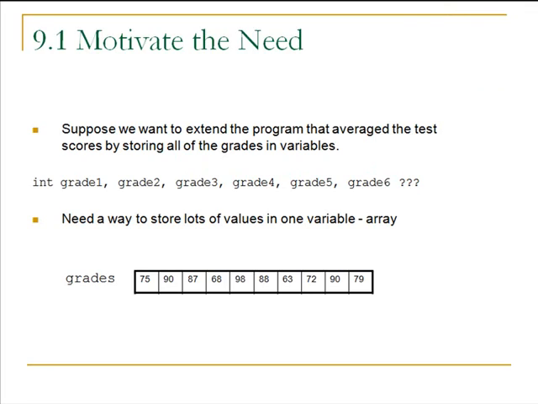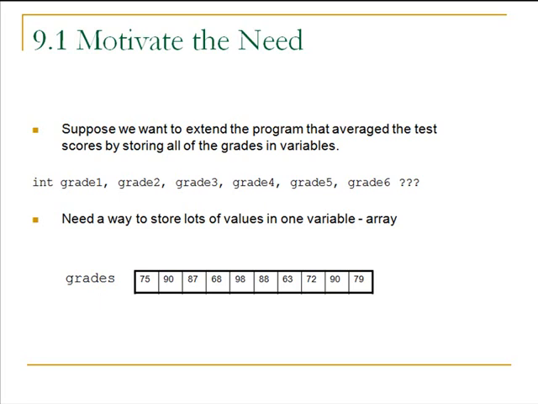Okay, let's start talking about arrays now. First of all, I want to motivate the need for having something called an array. So let's suppose that we want to have a program that extends our previous programs where we were collecting test scores, and we want to average all of the test scores.